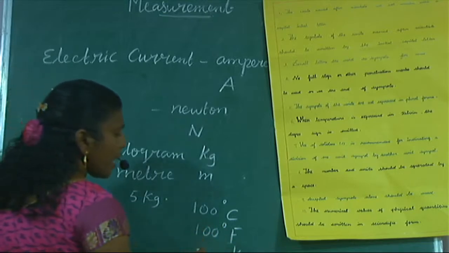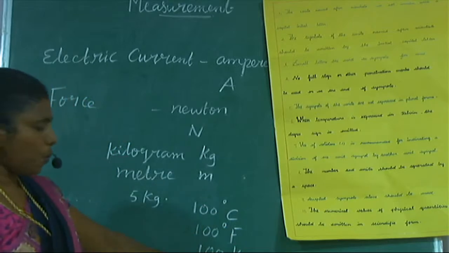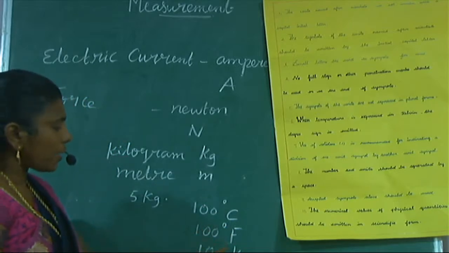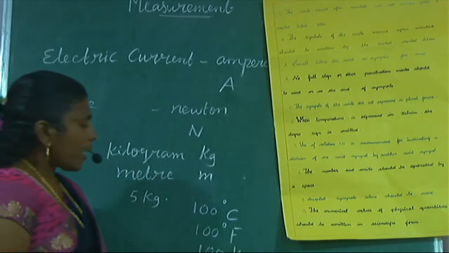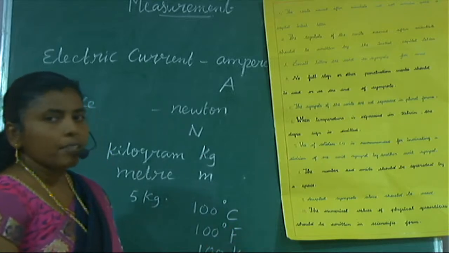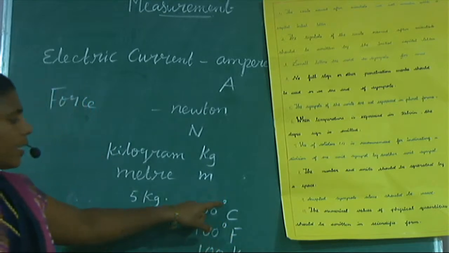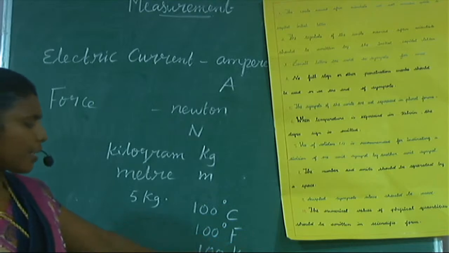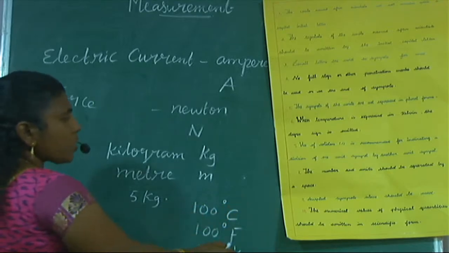But when we express temperature in Kelvin, the degree sign is omitted. Don't write the degree sign here. If you write it, that's wrong. So for the Kelvin scale, the degree sign is omitted.